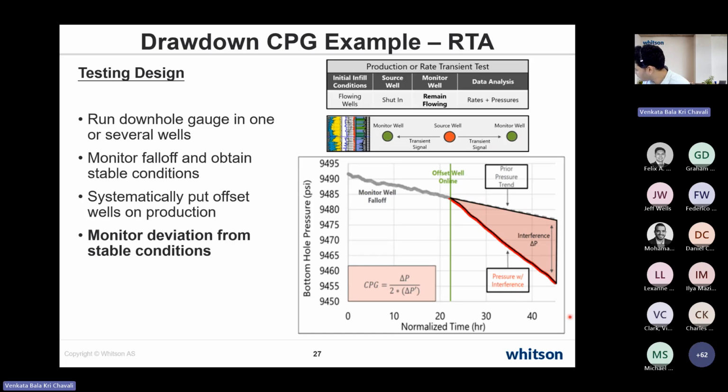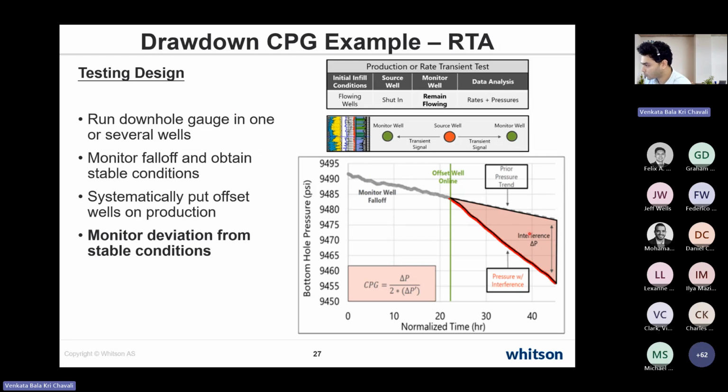And I think I see a question in the chat from Celine, I think. But effectively, she or he asks, how is the magnitude of rate change accounted for in the CPG? Bigger rate changes will lead to more delta P for the same level of connection. I wish I could say that. So going back to what I spoke about earlier, we were looking at Chow pressure groups and Chow pressure group analysis, and what we defined is a qualitative range of numbers where you would be worried or not, depending on how you look at it, right?